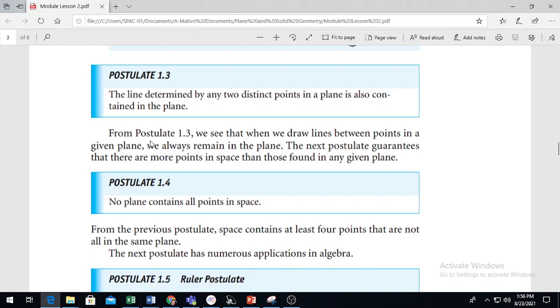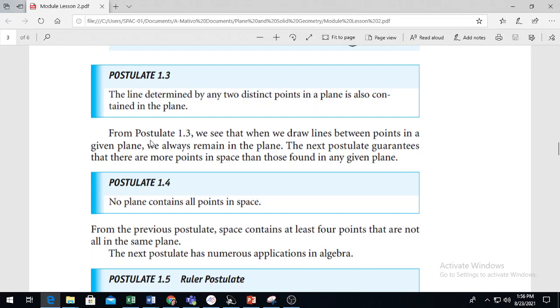From postulate 1.3, we see that when we draw lines between points in a given plane, we always remain in the plane. The next postulate guarantees that there are more points in space than those found in any given plane.